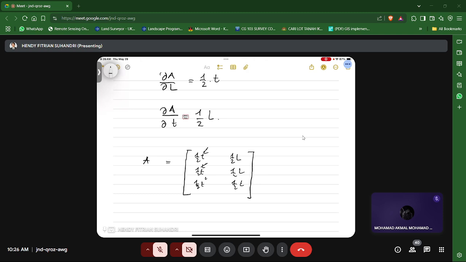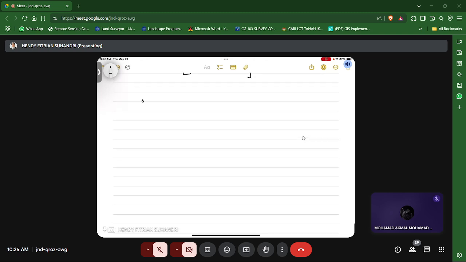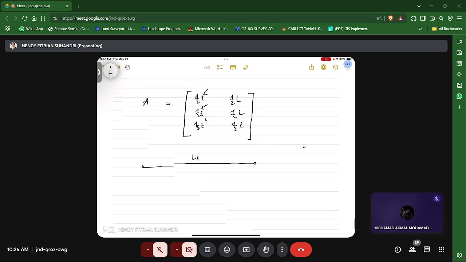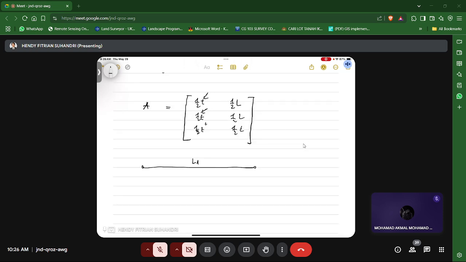Now, let's say that I have a distance, okay, L1, and then, wait a minute, much better if I go to the height difference, okay, the leveling.